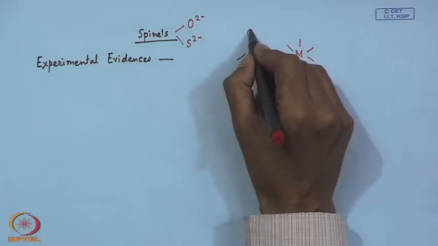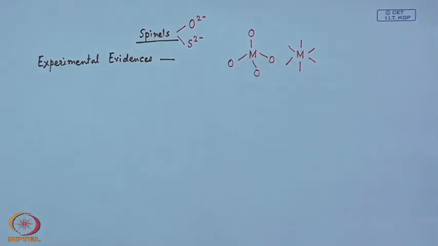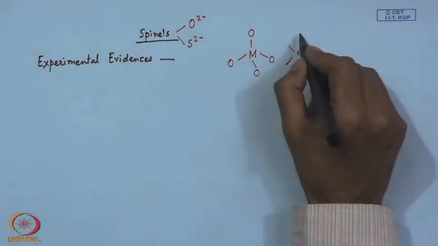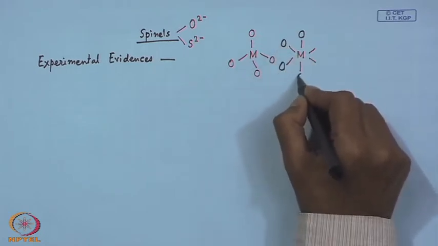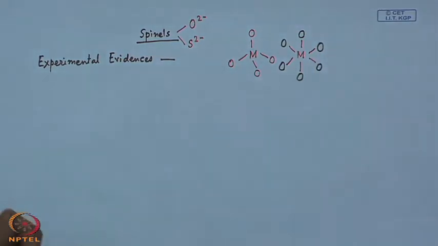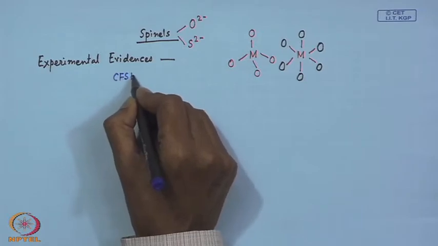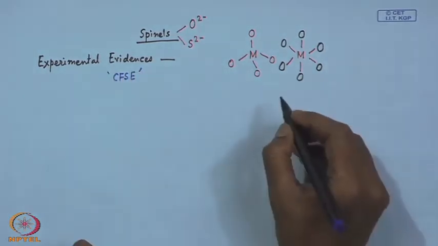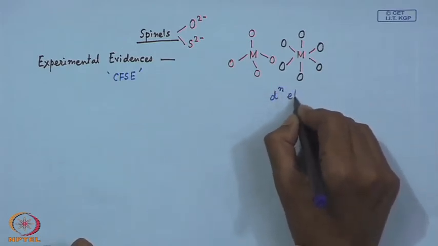These are the corresponding ligands, either oxide or sulfide, surrounding the metal ion in a typical tetrahedral geometry or an octahedral geometry. So, whether we can have the corresponding crystal field stabilization, and as a result whether we can calculate the corresponding CFSE values for these systems depending upon the different d-n electron configuration.